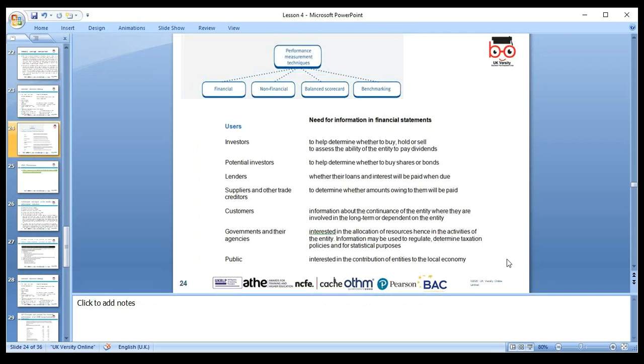Okay, then we have performance measurement techniques. It can be financial, non-financial, the balanced scorecard, and the industry benchmark.